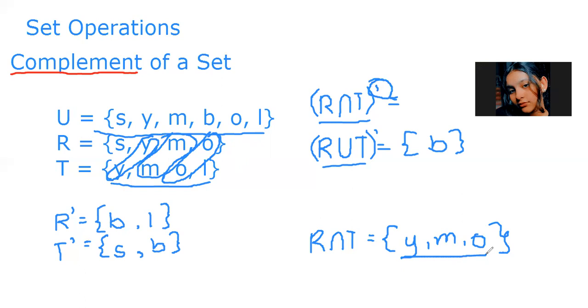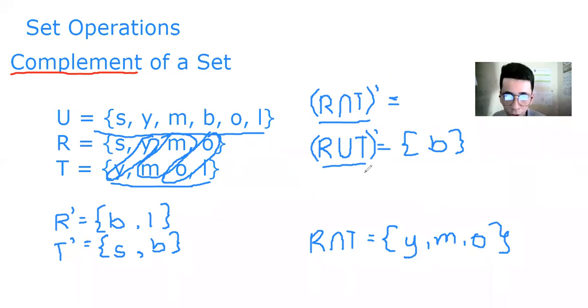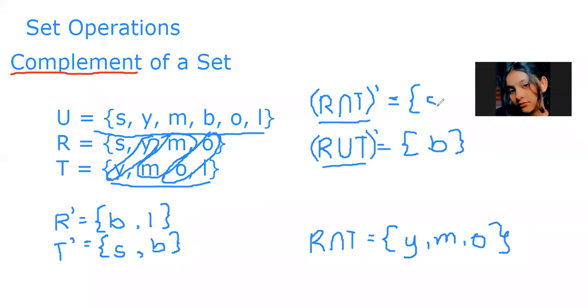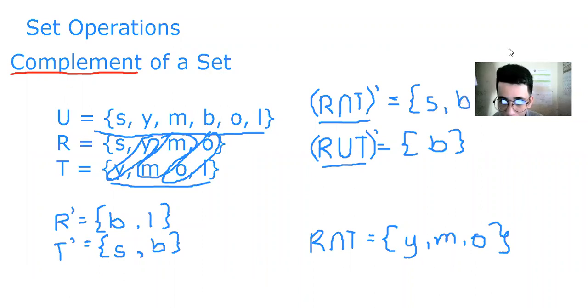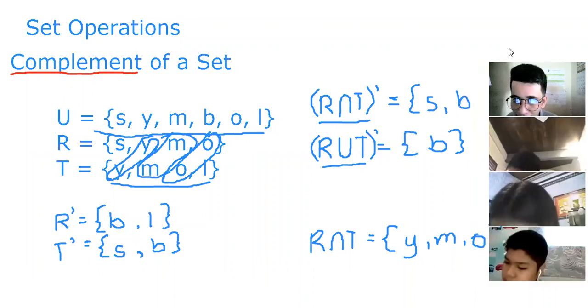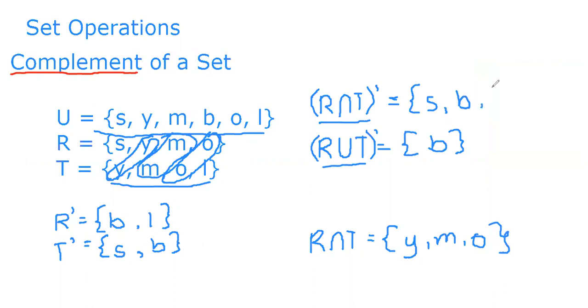Now, the question here is, what is the complement of R intersect T? If R intersect T is YMO, so the complement of R intersect T is what again? Sir, ano po, SBL. So why SBL? Sir, kasi po wala yung SBL sa YMO. Okay.